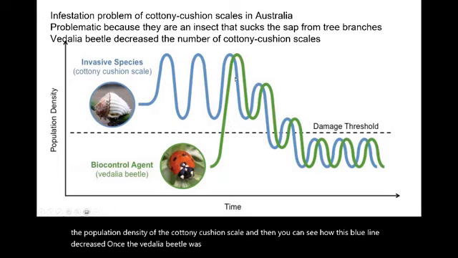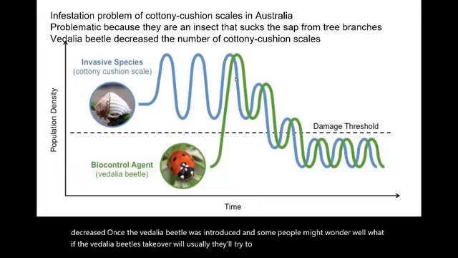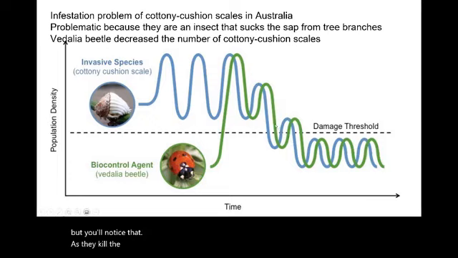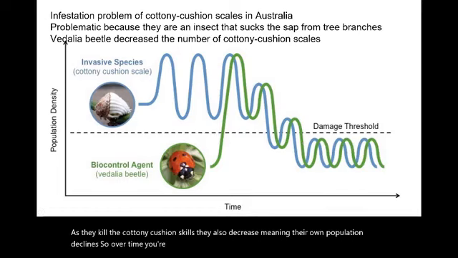And some people might wonder, well, what if the Vidalia beetles take over? Well, usually they'll try to use a predator that isn't dangerous, but you'll notice that as they kill the cottony cushion scales, they also decrease, meaning their own population declines. So over time, you're having less and less of the predator that you introduced into the area.